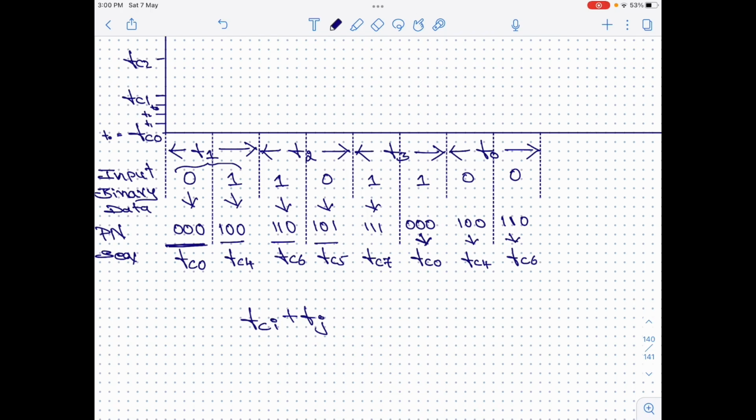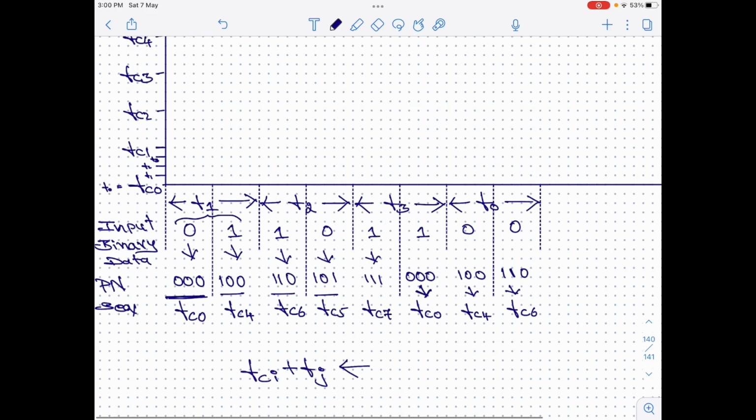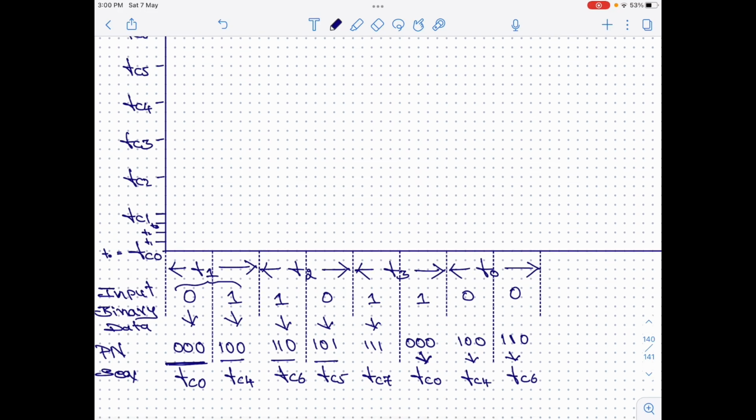If I apply the same concept to the first input digit, which is our 0: please note, the PN sequence changes after every information bit. So, you have to now consider 1 bit of information for every box that is drawn on this particular graph.